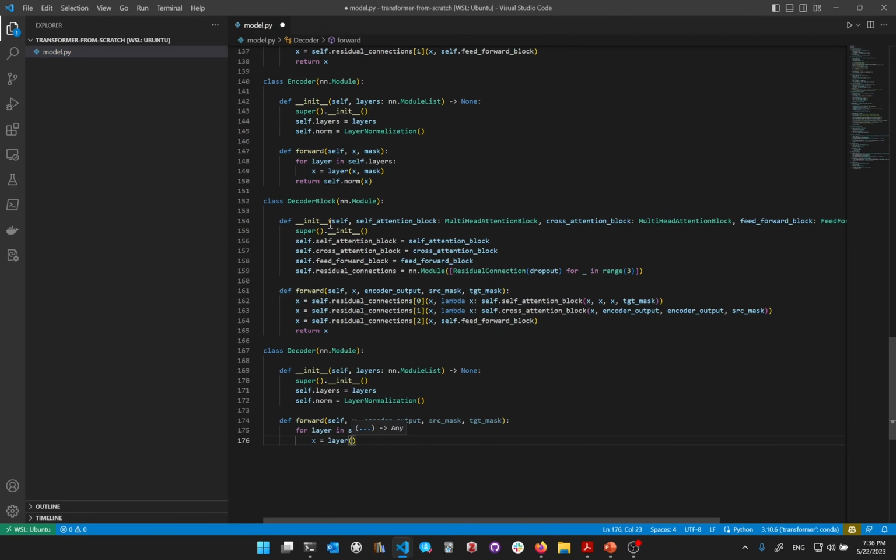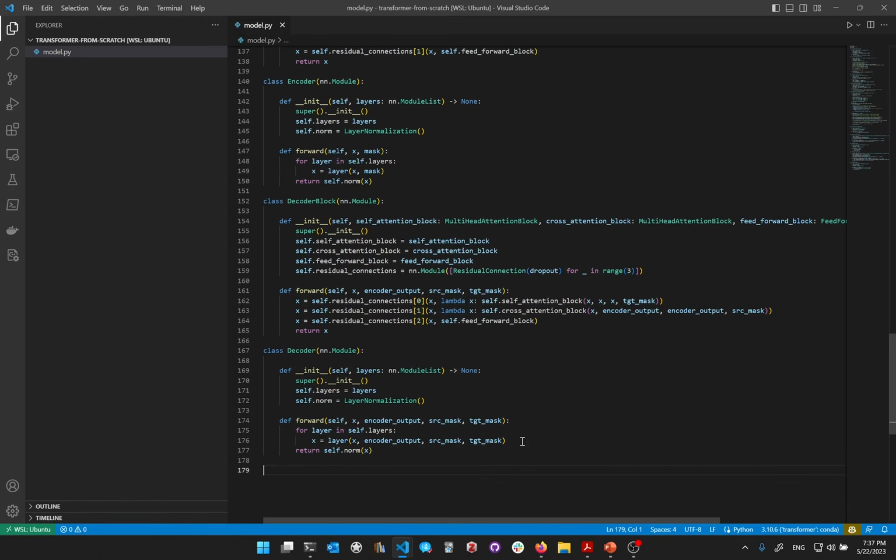Each layer is a decoder block, so we need to give it X, the encoder output, then the source mask, and the target mask. We are calling the forward method here, so nothing different. And finally we apply the normalization. And this is our decoder.